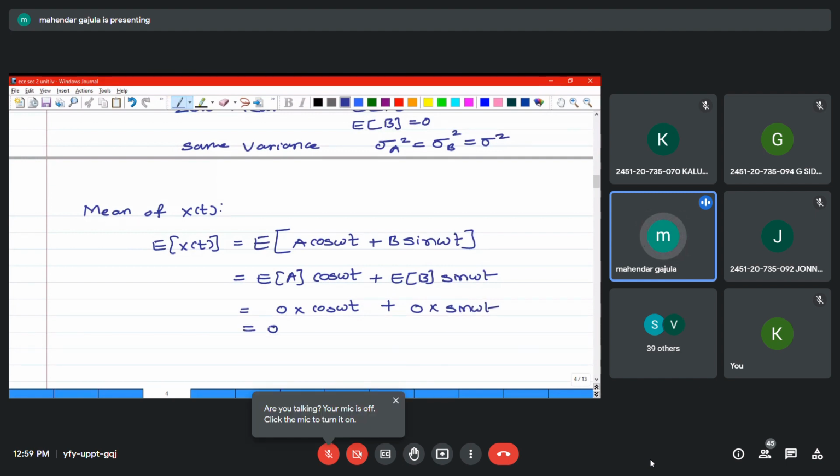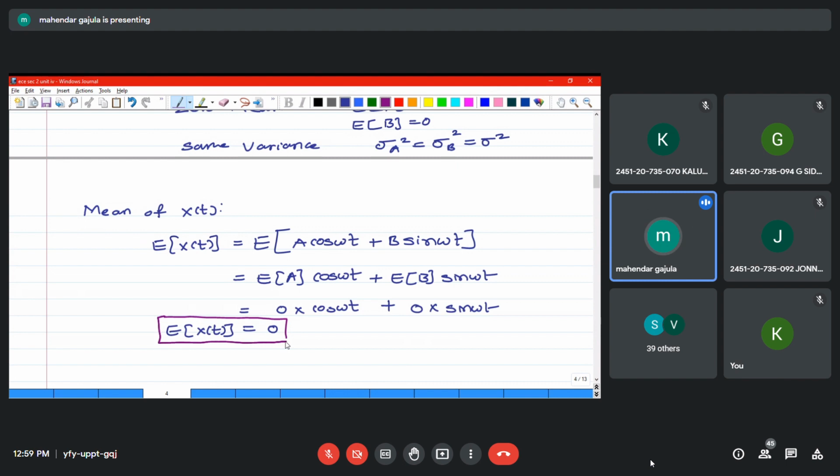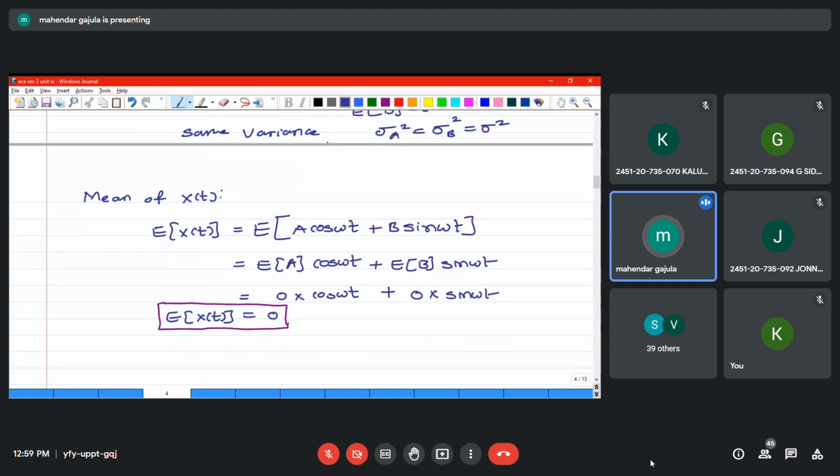So the mean of xt is 0. What is the condition for wide sense stationary? The mean should be 0 or constant. Are you with me? Yes, sir.